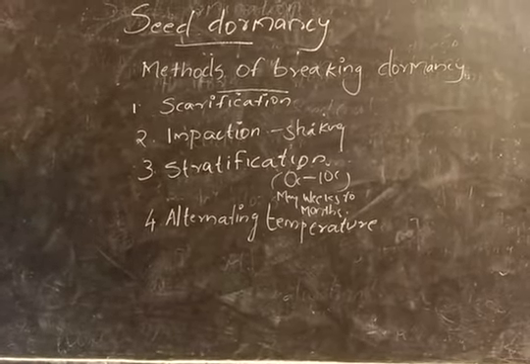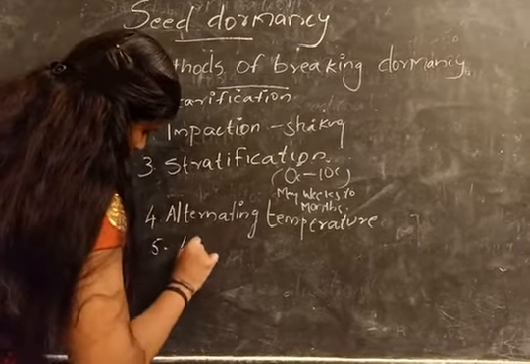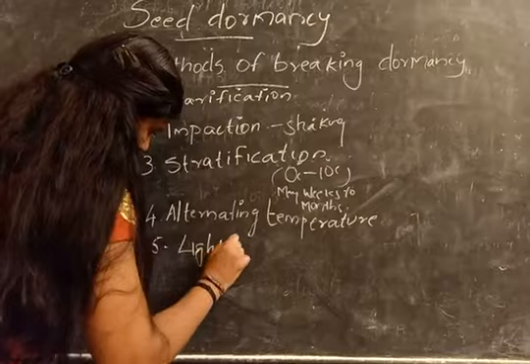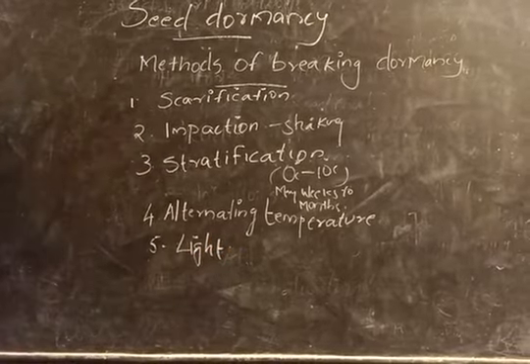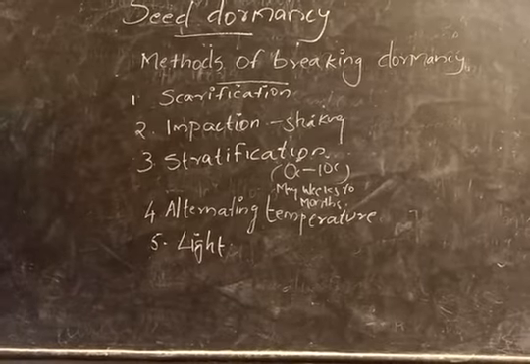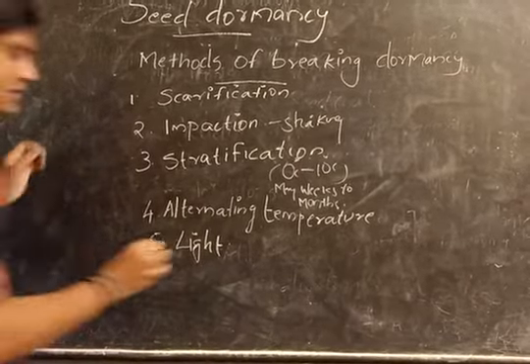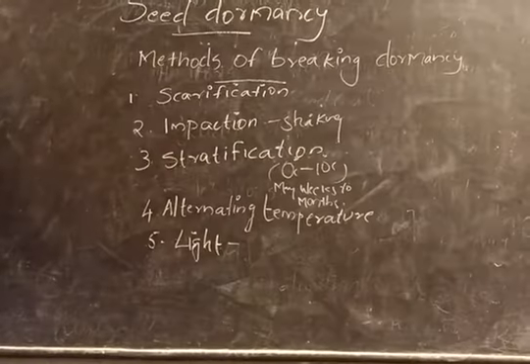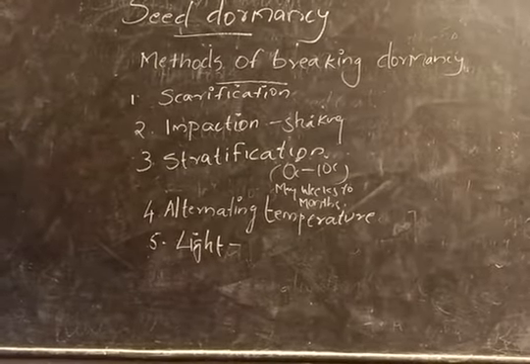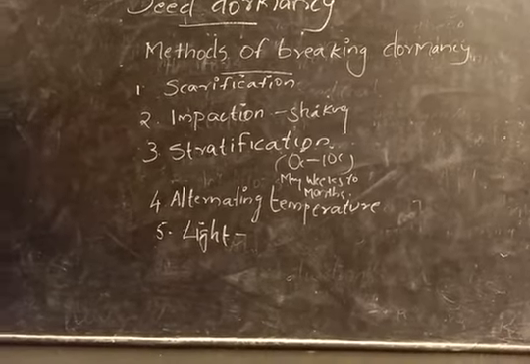Then the last one is light. The dormancy of photoblastic seeds can be broken by exposing them to red light. We already discussed photoblastic seeds. They are seeds that require a sufficient amount of light for germination.